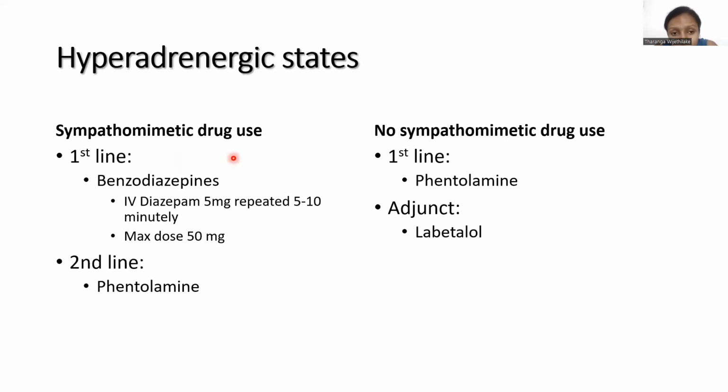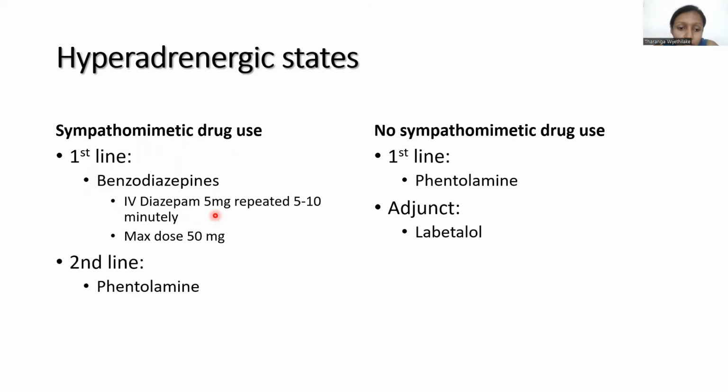So if the patient gives you a history of cocaine use or amphetamine use, treat them with benzodiazepines. Right? An agent we could use is lorazepam if you have it, but diazepam is commonly available in pretty much all the hospitals.